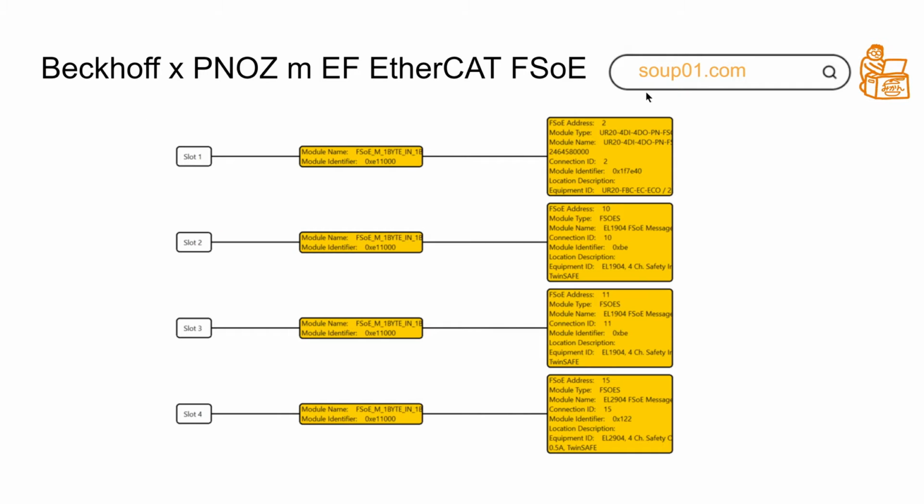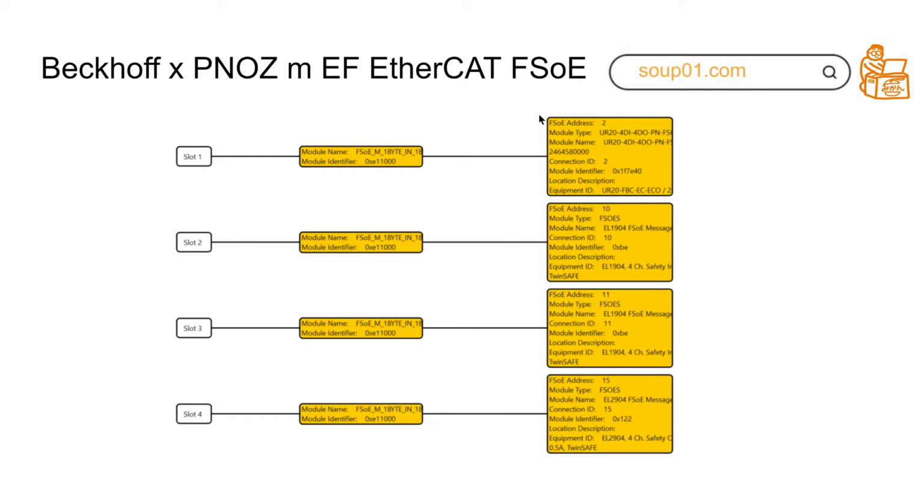So here is a screen for the PNOZ converter. As I mentioned before, I use 4 FSoE slaves this time. The first one is the Weidmüller, the second, third and fourth are the Beckhoff safety terminals. But as you see here, all the modules inside the Pilz converter are just one byte in and one byte out FSoE message.